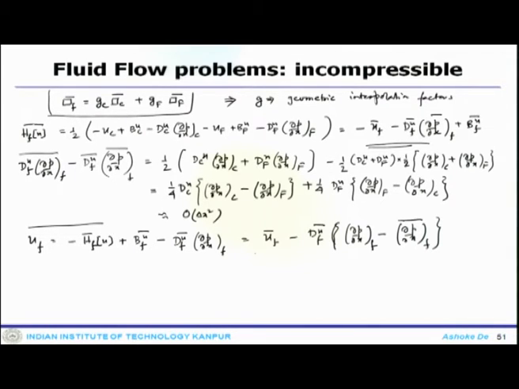So, this is the average velocity and this component is some sort of a correction term.